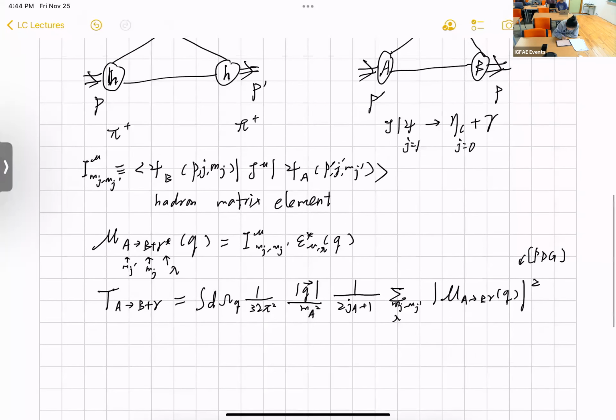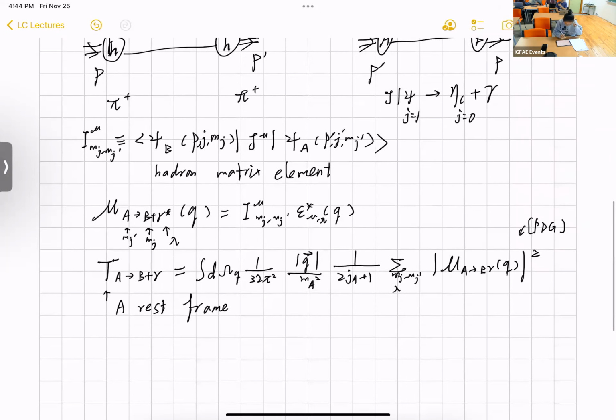This formula is actually given in the A rest frame. Okay, so now it is nice that we can use the wave function to calculate this quantity, and we can compare with the experiment or make predictions for states not yet measured.